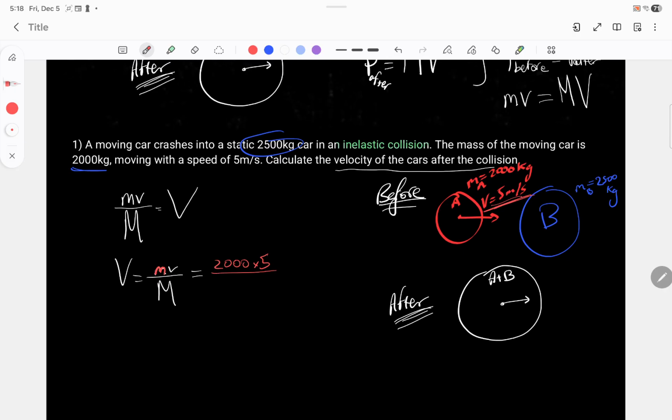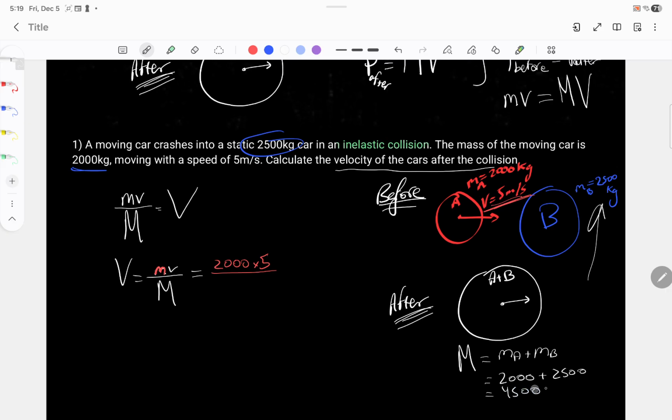Now, big M, having a capital letter, means that we're looking at what happens after. So this is the mass after the collision. And the mass after the collision is A plus B. So we're going to do exactly that. We're going to say that big M is equal to mass of A plus mass of B. We know that A is 2,000 kilograms. We know that B up here is 2,500 kilograms.